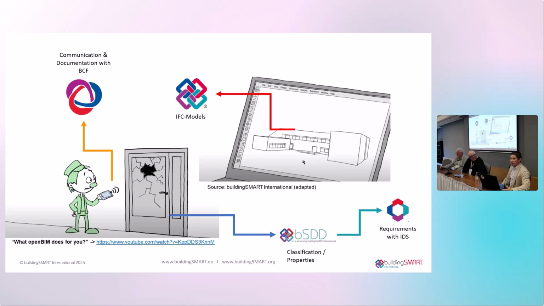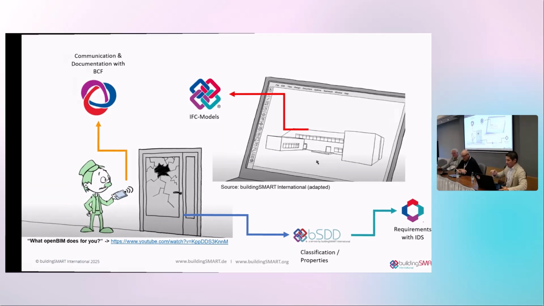It was a Norwegian chapter that provided this video, on what open BIM does for you. If you check that video, it explains exactly what you will be using, but of course it doesn't explain which standards or services come into question. So you now have IDS, the IFC model, the IFC dictionary, let's say in bSDD, and requirements captured by IDS.